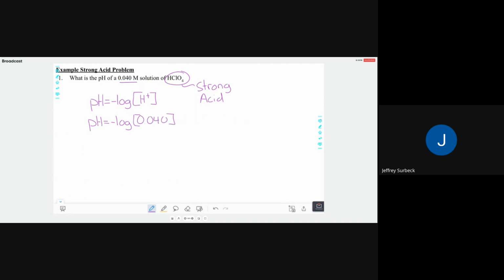In our calculator, we say negative log of 0.040, and let's round to 2 decimals, or 3 total numbers. What is our pH for this? 1.40 times 10 to the zero, and you can just chop that off.